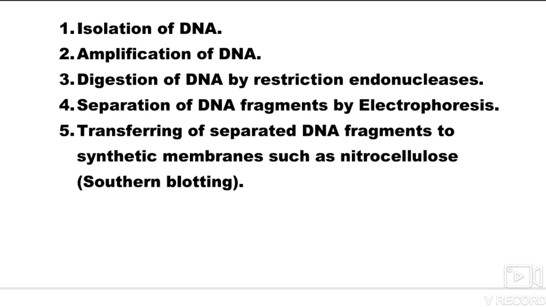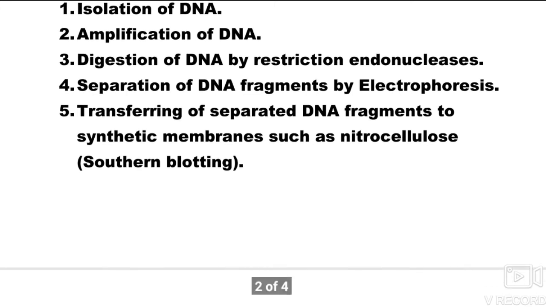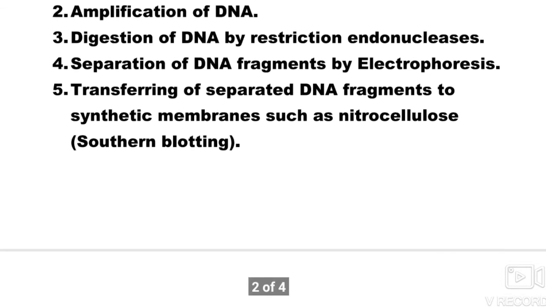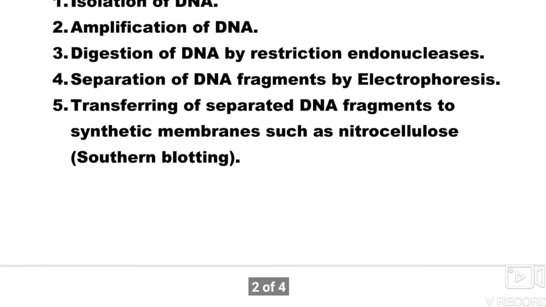After this separation by electrophoresis, the separated DNA fragments are blotted on another membrane. This membrane is synthetic, such as nitrocellulose. The process of blotting is known as Southern blotting after the name of its discoverer.